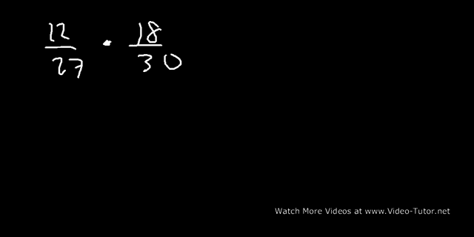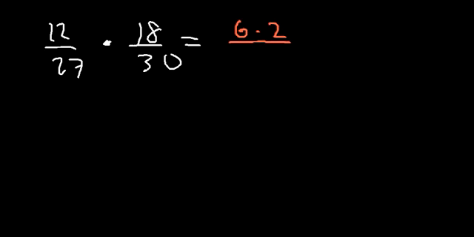Now this one, instead of multiplying 12 by 18, you don't want to do it that way because you're going to get a big number, and you don't want to multiply 27 by 30. So if you want to multiply two fractions, and if you're dealing with large numbers, break it down first. 12, you can write 12 as 6 times 2. 27 can be written as 9 times 3.